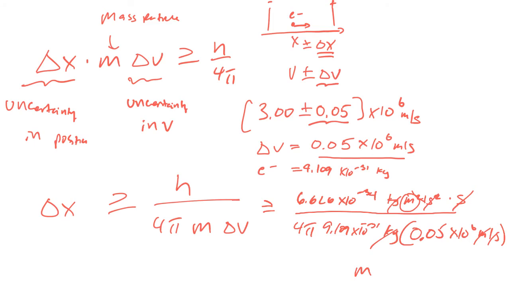So my calculator says 0.00001. Now, I could do a few things. Probably the easy thing to do is to do like a second scientific mode. So I get 1.16 times 10 to the minus 9 meters.